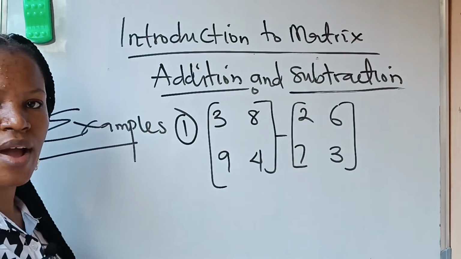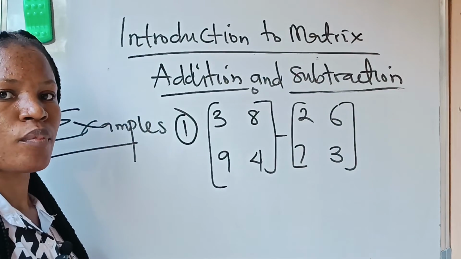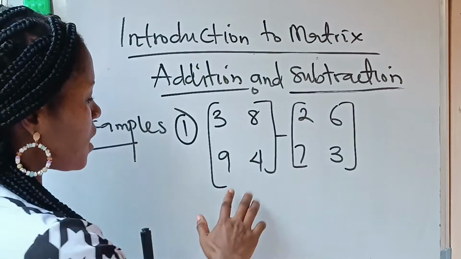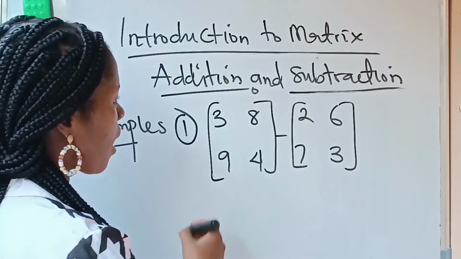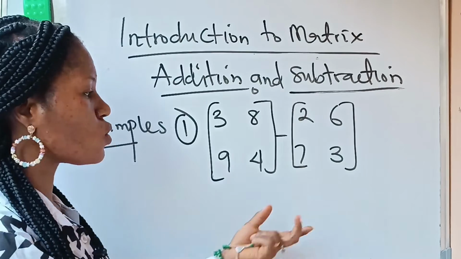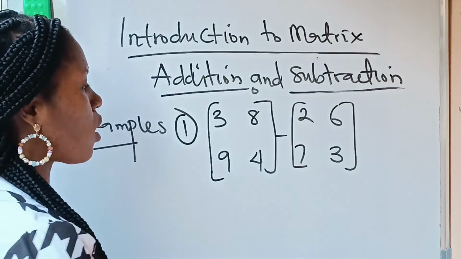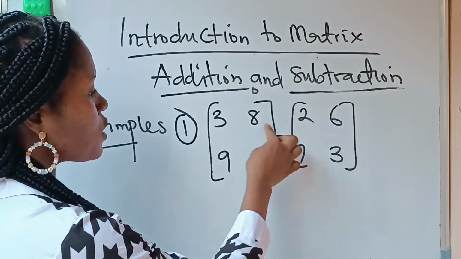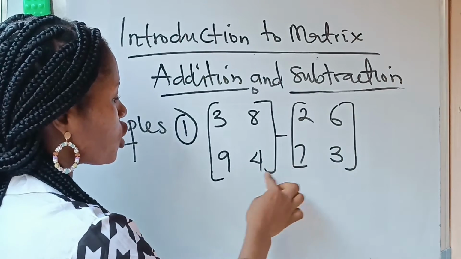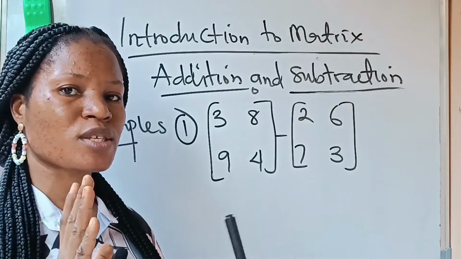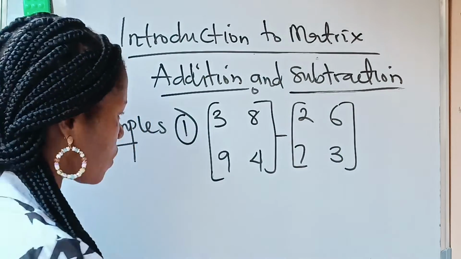We are subtracting right now. How do we do that? Just the same way we solved our addition, we are going to do the same for subtraction. We are going to subtract the corresponding elements from each other.